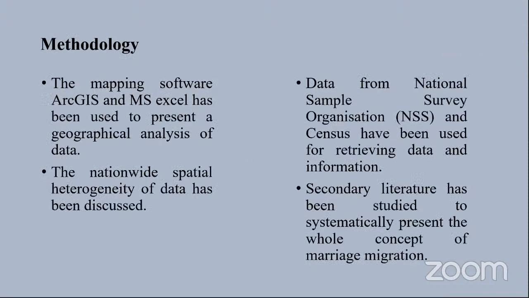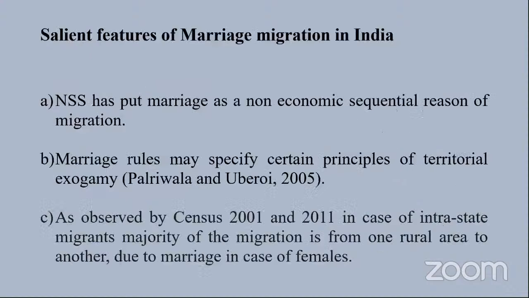Although there are significant regional differences in most parts of India, data and information have been retrieved from the National Sample Survey Organization and the census of various years. While each source illuminates different portions, I have tried to amalgamate secondary literature and different sources and present the concept of marriage migration in this paper.